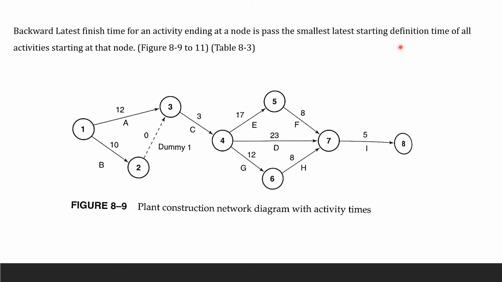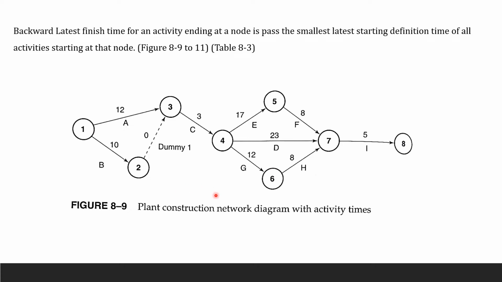You can read the definition, but don't confuse your brain by reading. All that you have to do is backward: largest finish going forward, and then backward it passes the smallest latest. You can turn that into your own words, like I do, to get it, and so you can be able to see that.